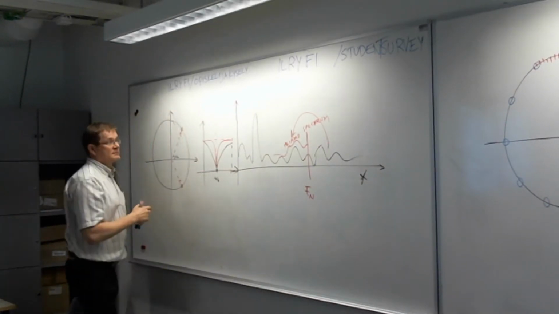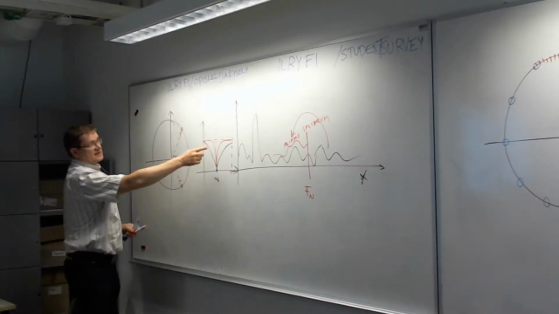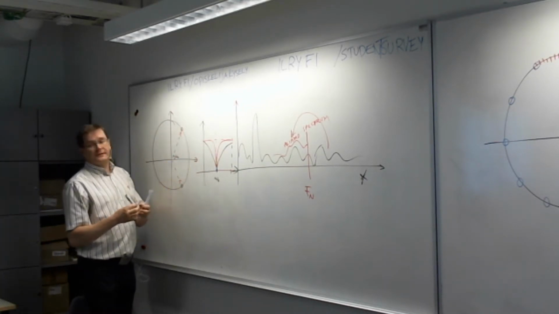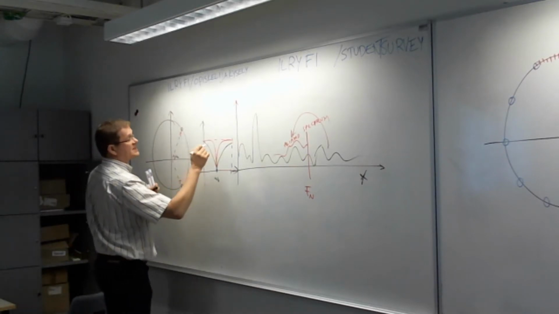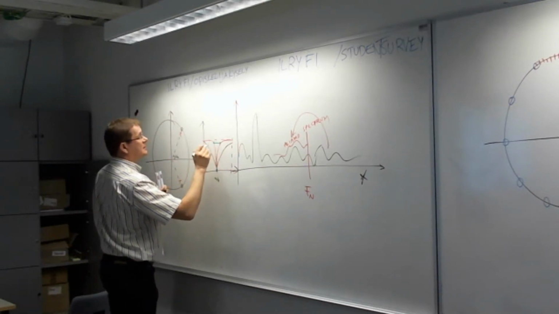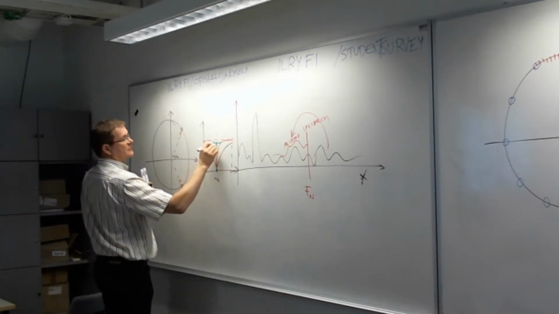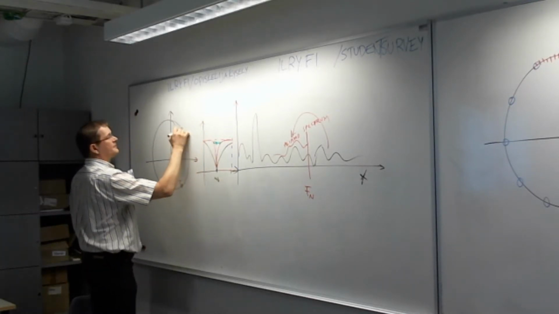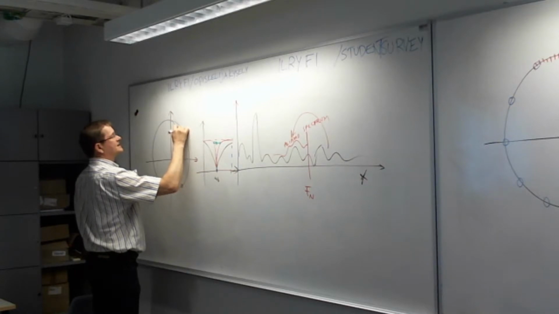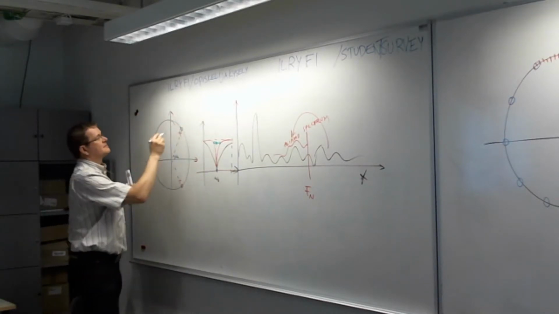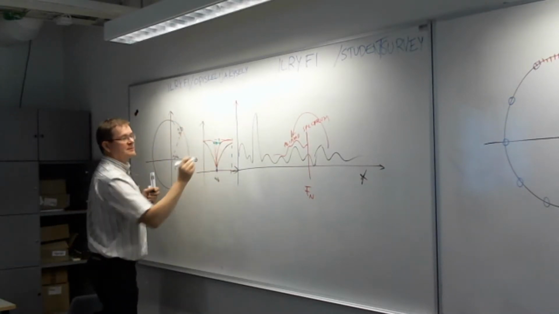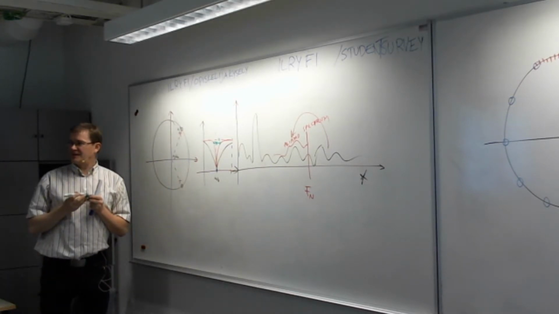And even the width of the filter can be adjusted quite easily. Well, half width. Half width is exactly the same as the distance to the unit circle.